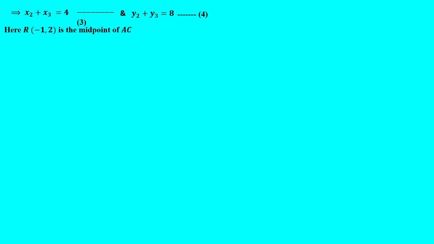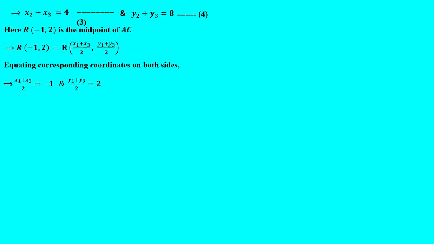Now consider the last one, the midpoint R(-1, 2), midpoint of AC. A is (x1, y1) and C is (x3, y3), right? So using the midpoint formula, R(-1, 2) is equal to ((x1 + x3)/2, (y1 + y3)/2). Equating corresponding coordinates on both sides, (x1 + x3)/2 equals -1 and (y1 + y3)/2 equals 2.